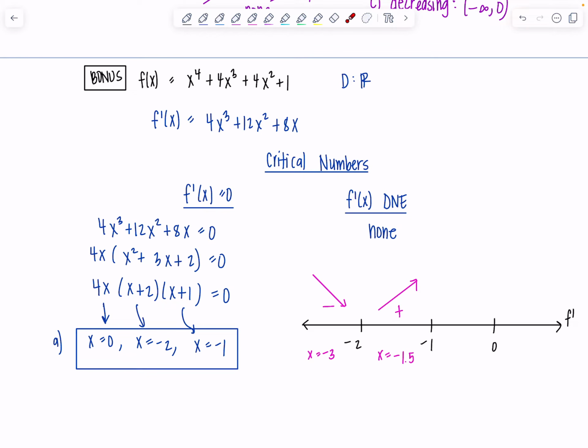Okay, what about between -1 and 0? How about x equals -1/2? All right. Negative, positive, positive. That's negative. And then bigger than 0, how about 42? Positive, positive, positive. You could pick 1 also. I just felt like spicing it up.